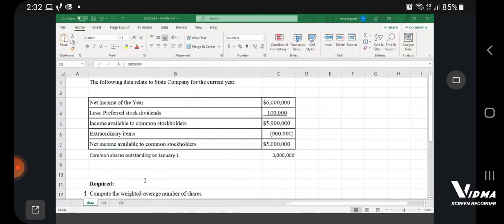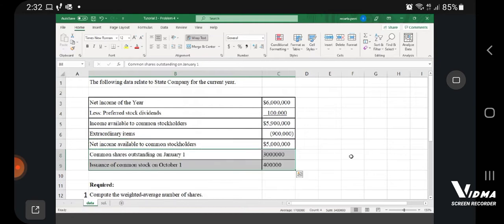And then we have another piece of information: stock issued on October 1st, that means 9 months after the start of the year, we are issuing 400,000 new shares. Okay, so this is the complete information again.